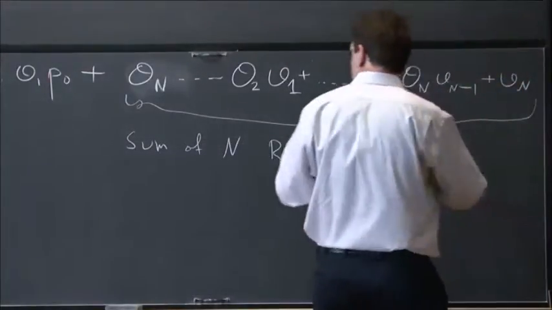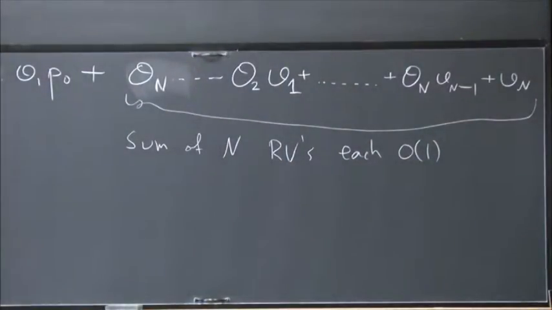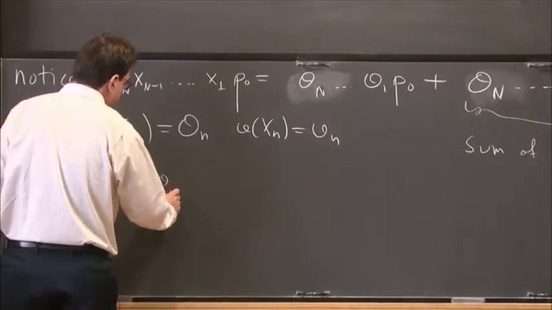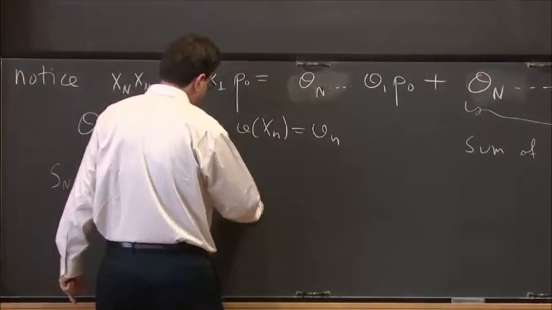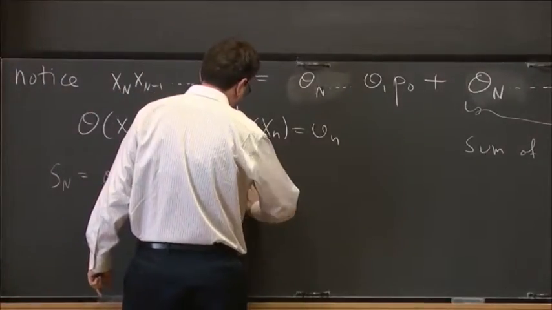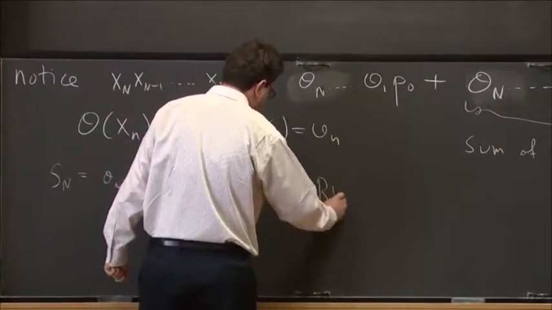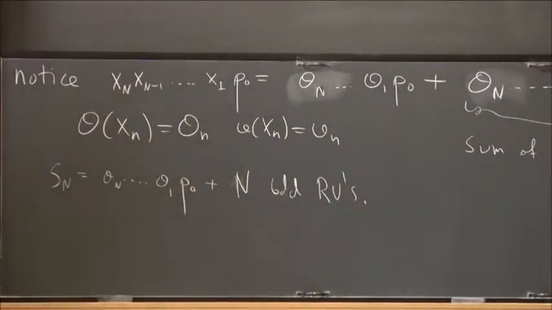So Sn is the sum of one term which I can more or less safely ignore, the random rotation of my original vector, plus capital N bounded random variables. And the key is that they're not independent.